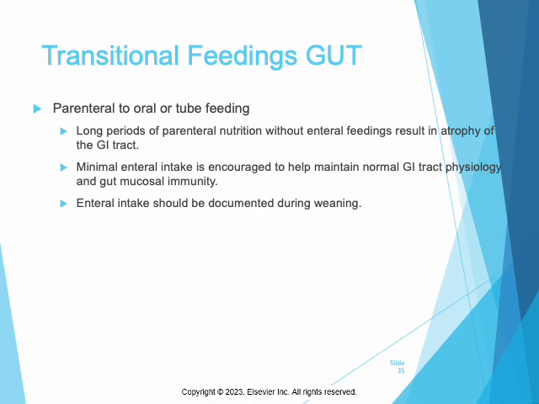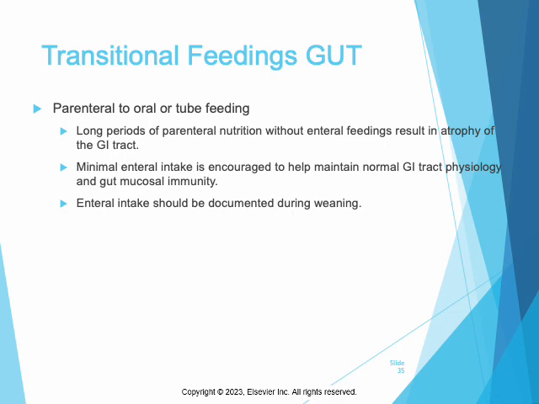Now, before weaning from TPN, you have to really get a good assessment of the GI function, and this is going to prevent problems with delayed gastric emptying, nausea, vomiting, and diarrhea.